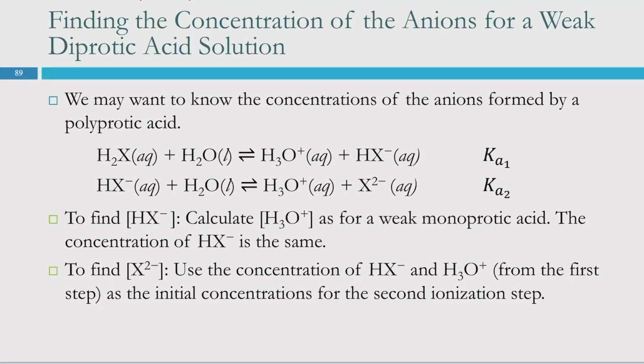All right, we might want to, sort of like with sulfuric acid, know the concentration of the anion for a weak diprotic acid solution. So in our example above, that was the sulfate. So for our previous example, sulfate.